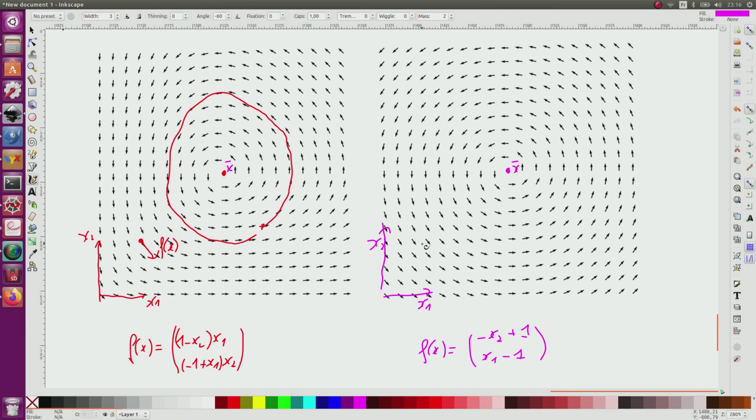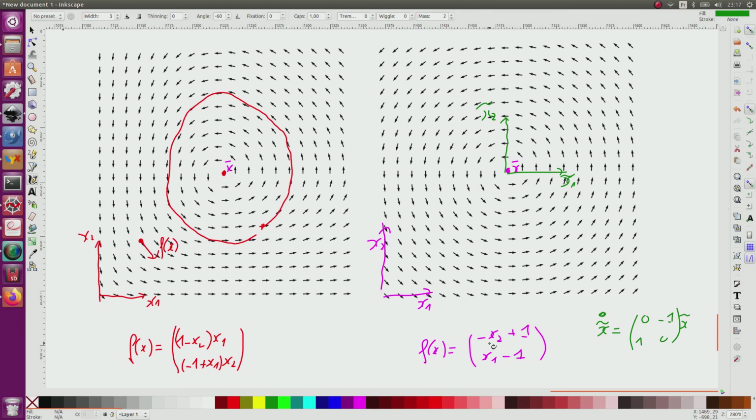Now the linear system associated to this, I will draw it green, so it's called x tilde dot and corresponds to a matrix 0, minus 1, 1, 0, x tilde. So it's this one, except that the 1 has been removed. Then it corresponds to this system, but here I have x tilde 1, x tilde 2.